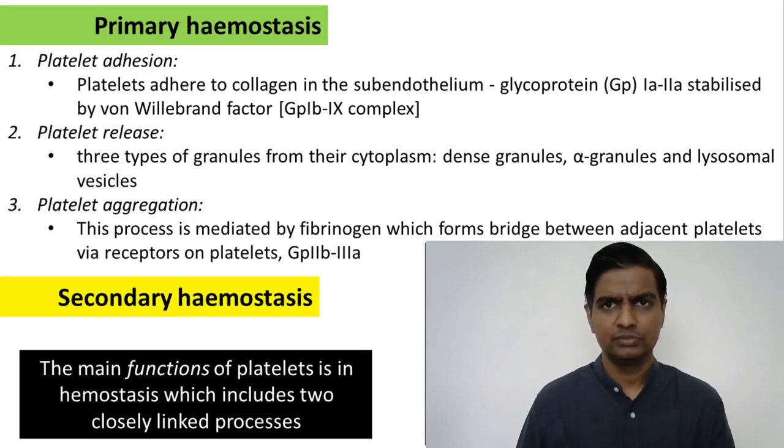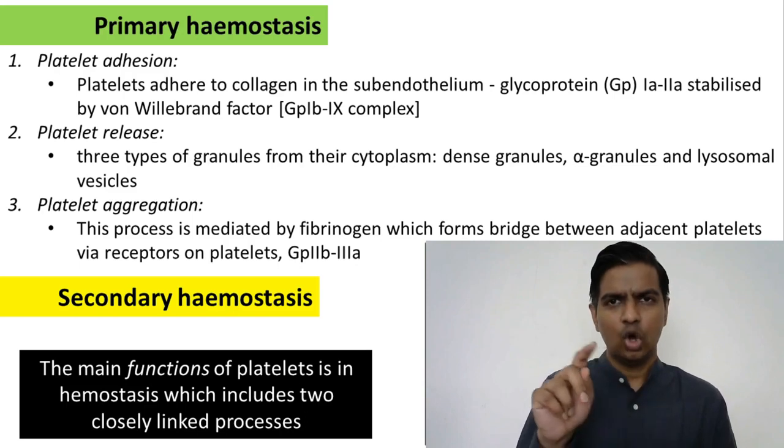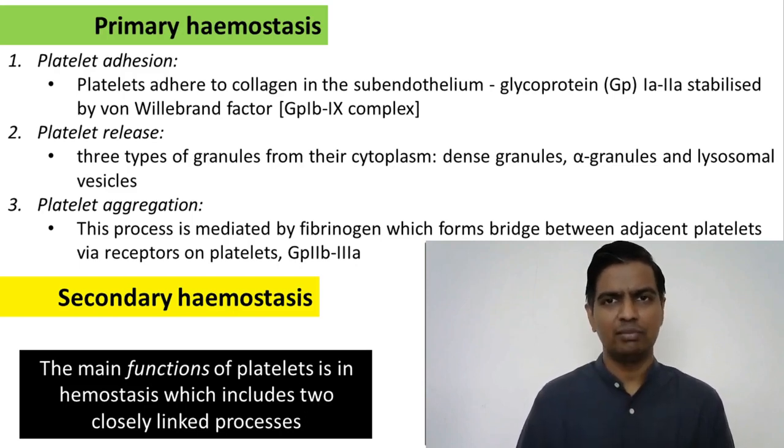Simple. Now at this point of time, I just want you to understand that all these GPs that we have been talking about and all these chemical mediators we have been talking about are the most important thing for platelets to do their job. If the glycoproteins are not there, if they can't work, platelets can't work.